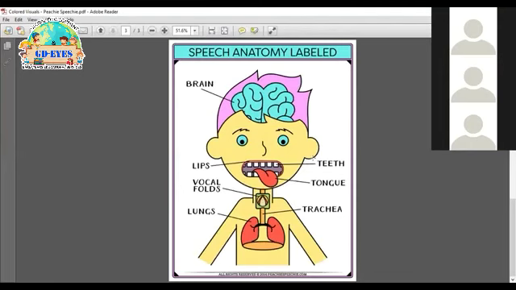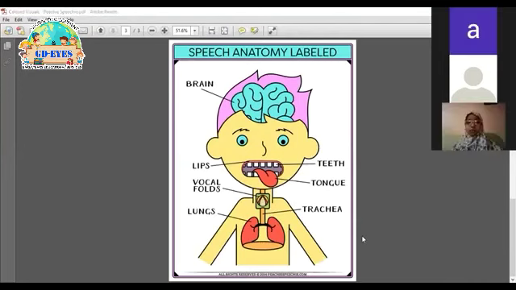This we call halq, the throat letters. The halq is the very back end of the tongue, before the tongue. So alif comes from the, sorry, halq.